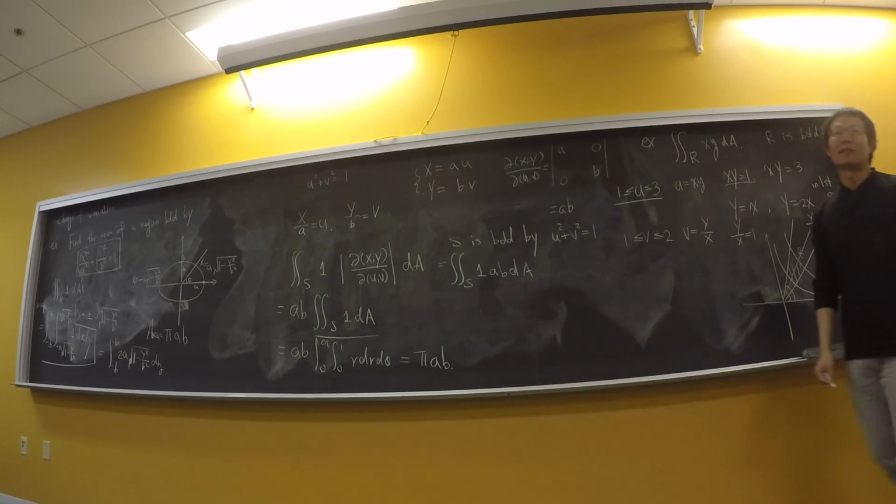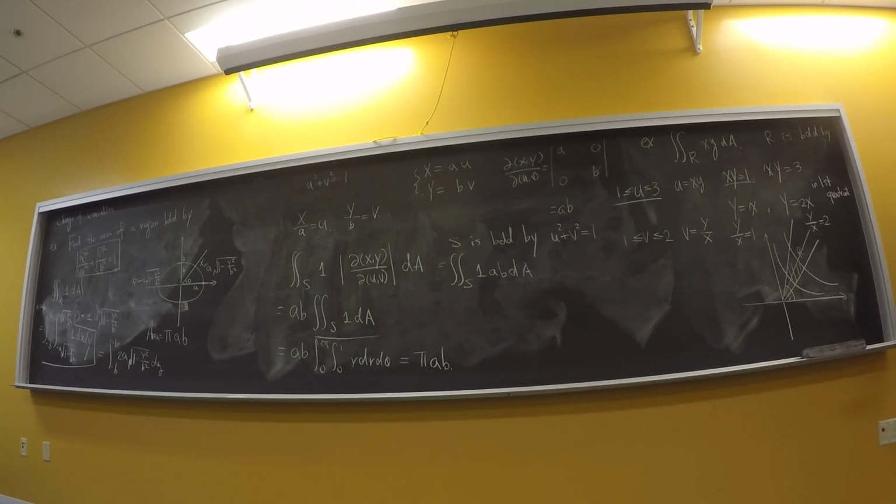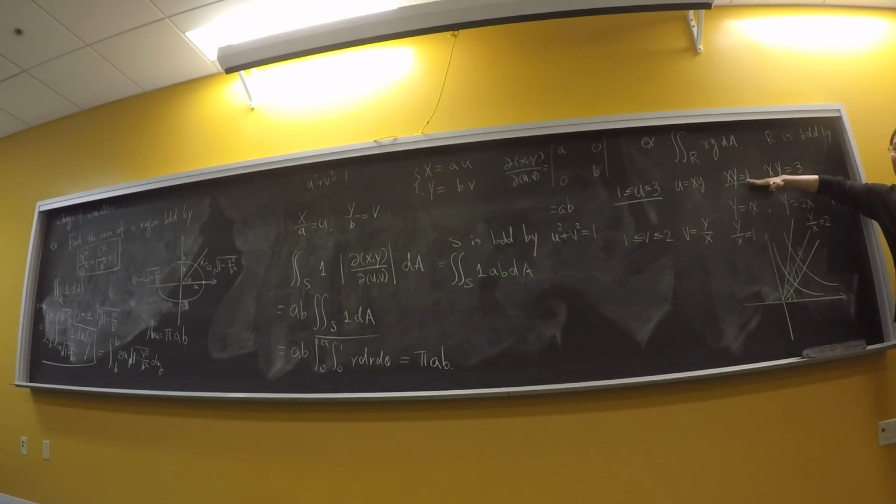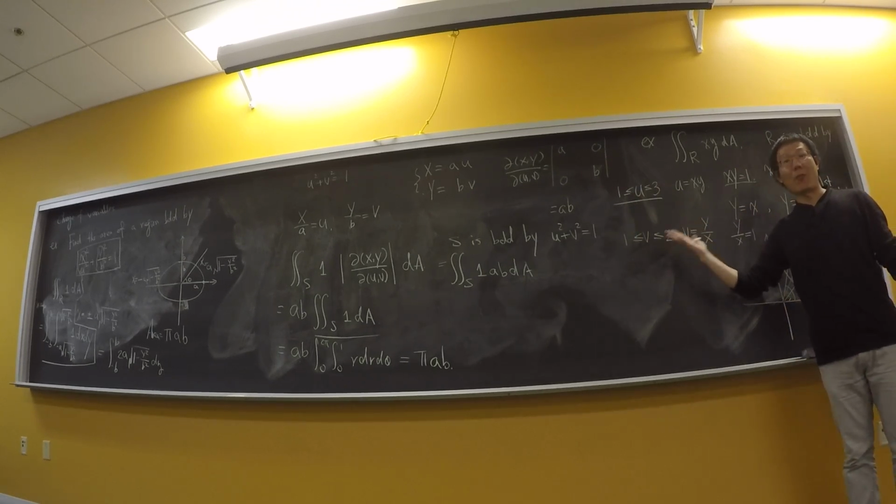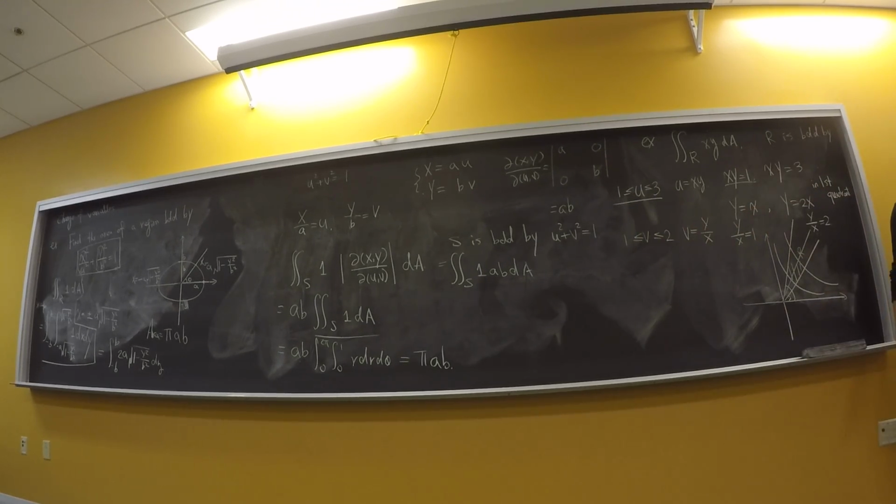The reason I'm choosing u and v in this way is that I can simplify these boundary-defining functions from hyperbolas and straight lines to four numbers. That is a significant simplification, wouldn't you agree?